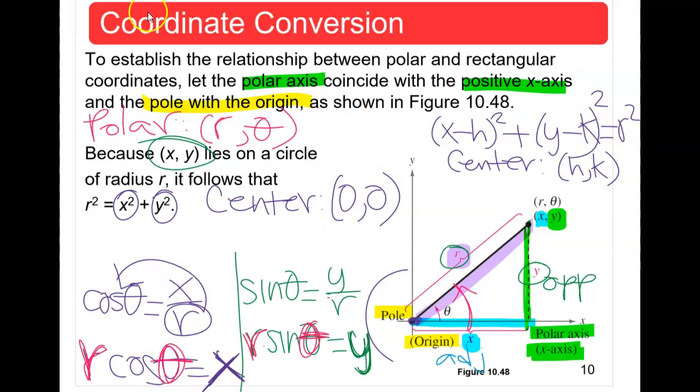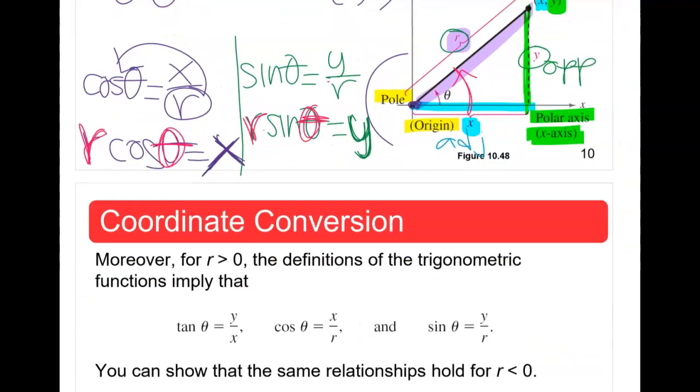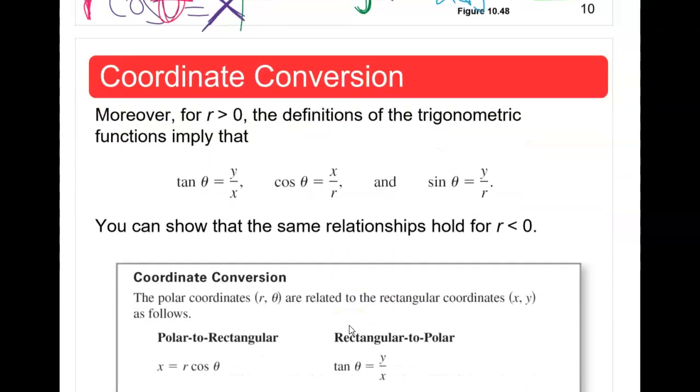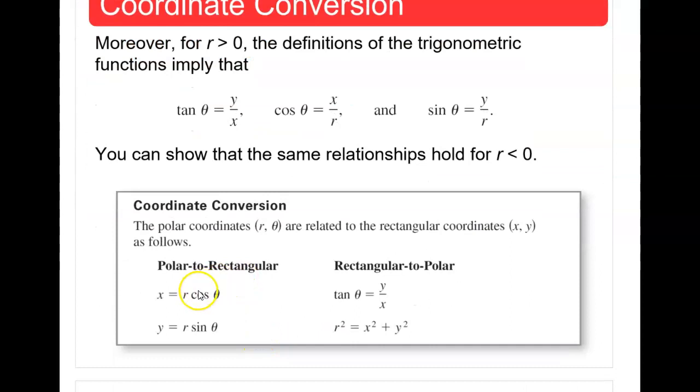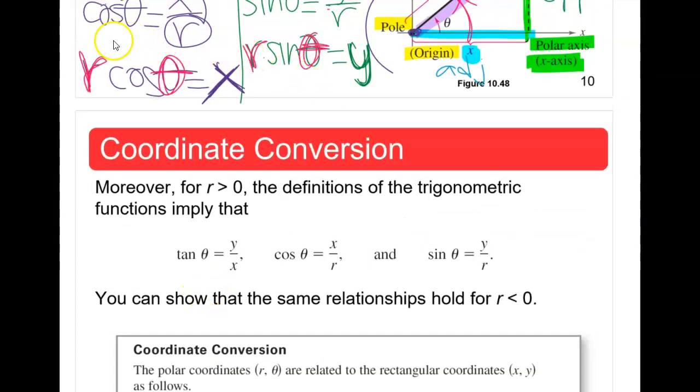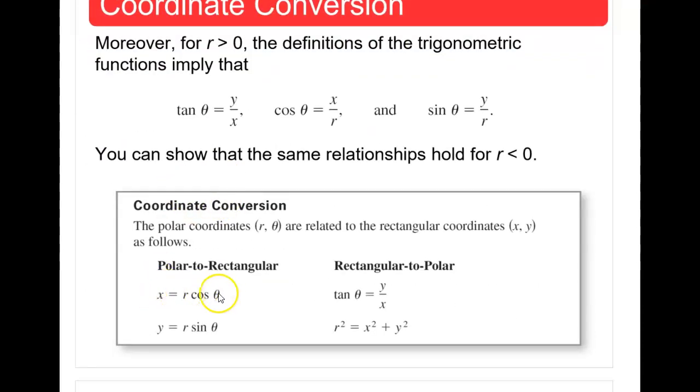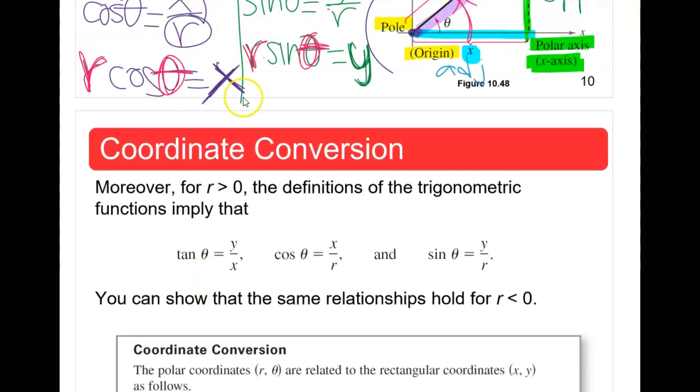That's probably what we're going to do on the next example. So we already have those relationships. We know how to solve for them. R times cosine theta is x, and r times sine theta is equal to y.